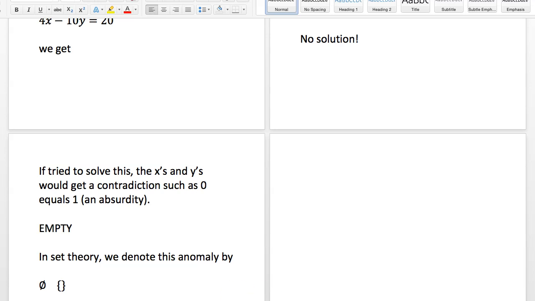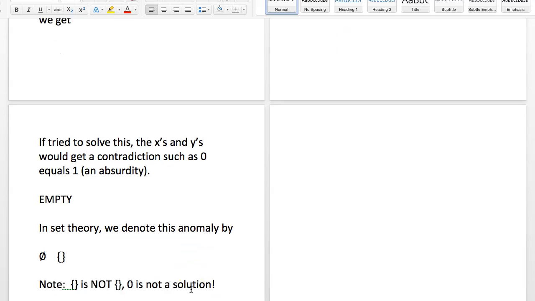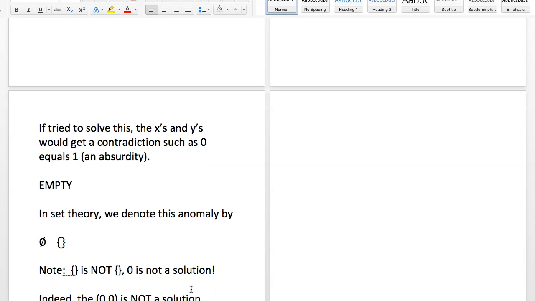You have to put ordered pairs anyway, and indeed the origin, or (0, 0), is not a solution. You can't use the origin either. You have nothing. You're out of luck.